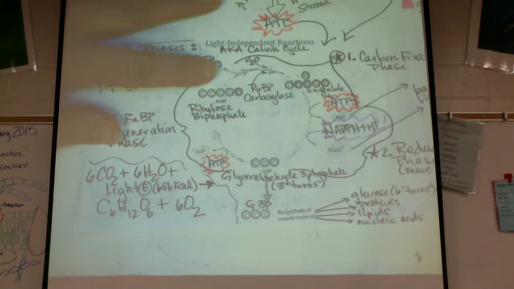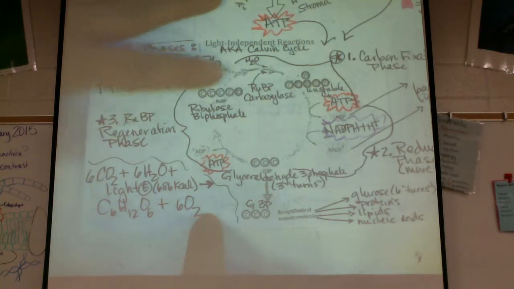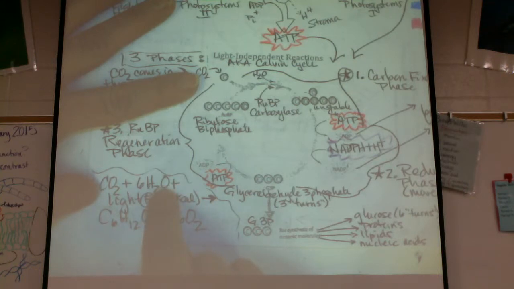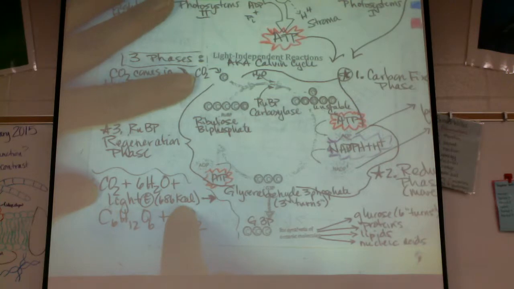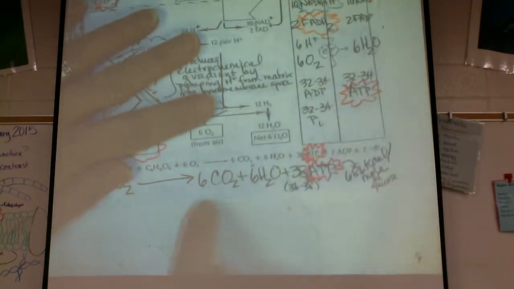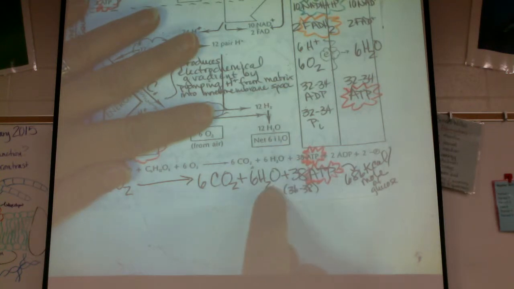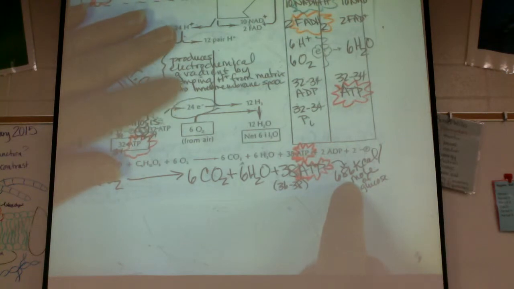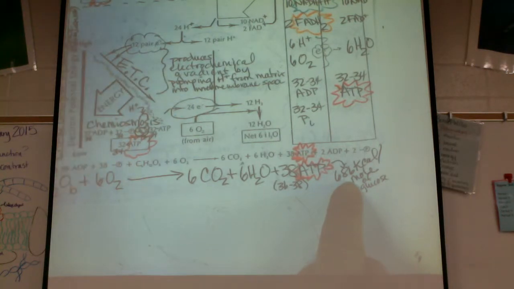Ready? Watch this. 6 CO2 plus 6 H2O. And then look right here. We've got some CO2s, some waters, and some, in this case, energy, 686 kilocalories, for 1 mole of glucose.